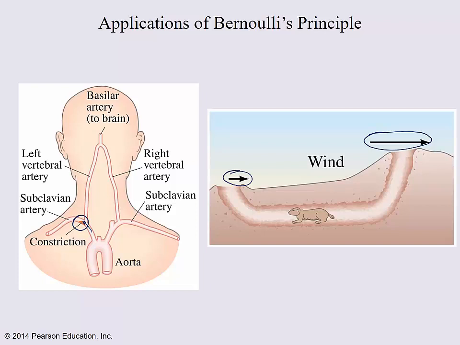So that allows some air to come out. But if you have one entrance that's higher than the other, the airflow is going to be faster there, so there's going to be even less pressure. So it will draw air into the burrow, and then that air will come out the other side. This is how animals can live underground with a couple of openings to their nests without dying.